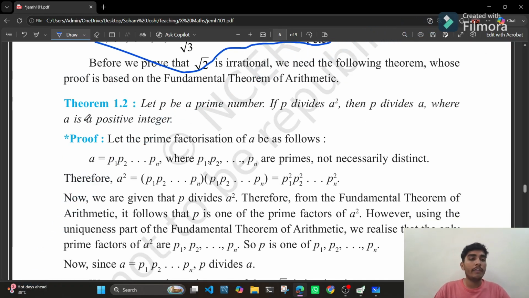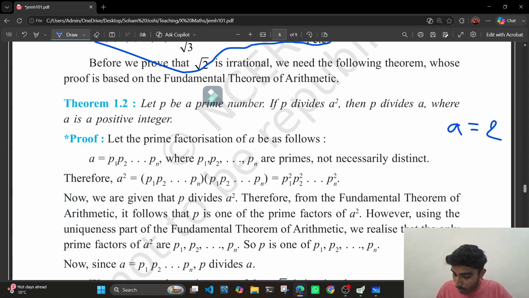Now we need to learn Theorem 1.2. That is, let p be a prime number. If p divides a square, then p divides a, where a is a positive integer. Let's take an example: a is 2, p is also 2. p is a prime number. If p divides a square, what is a square?